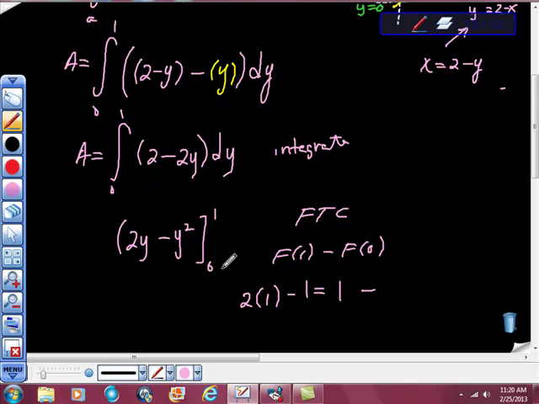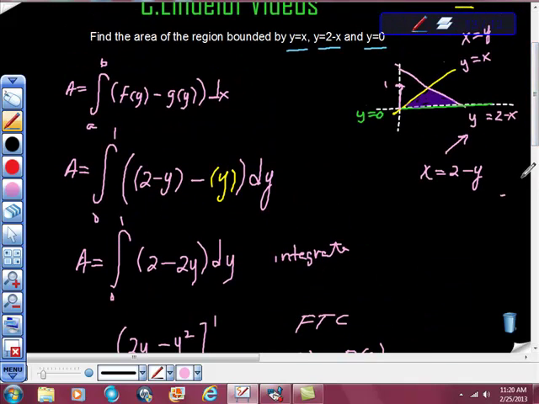Minus f of 0, which is 0, so it's equal to 1. Remember, this is really going to come in handy. I know you can see this and you're like, I would just do this using geometry. But if you can imagine this as the y-axis and this as the x-axis, and just switch your variables, you can do this another way, and you can use this formula that you already know.